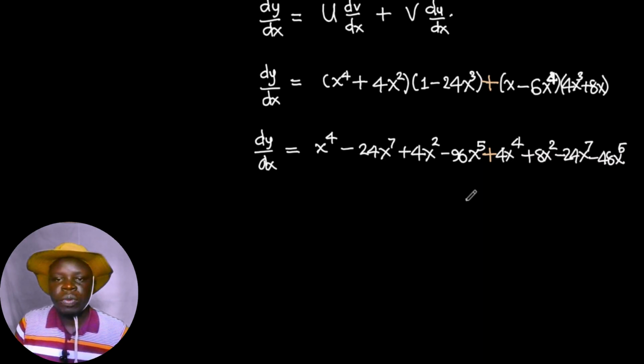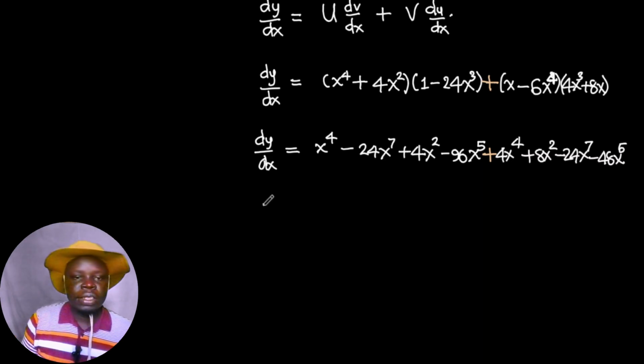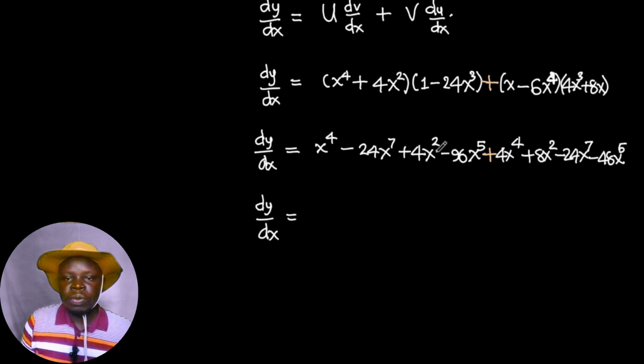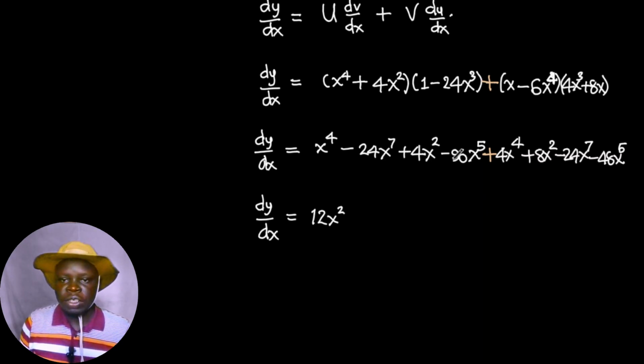So from there, we can move on and simplify these terms with the same exponent, and we have our dy by dx is given by, we can start with this one with small exponent. So they are positive, we can add them together and we obtain 12x squared. So let's move to the next one, that is 4. Now we have here 1, then we have here 4, making 5.